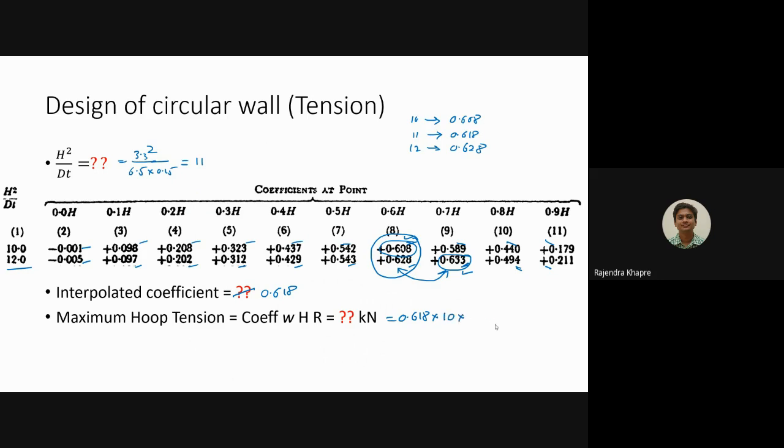Now this H I am taking as 3.3, not 3, because we are considering the worst possible scenario. So the height of the water can reach up to 3.3 into radius. The radius is nothing but diameter divided by 2, and the diameter we have already calculated as 6.5, divided by 2. So how much is the tension now?